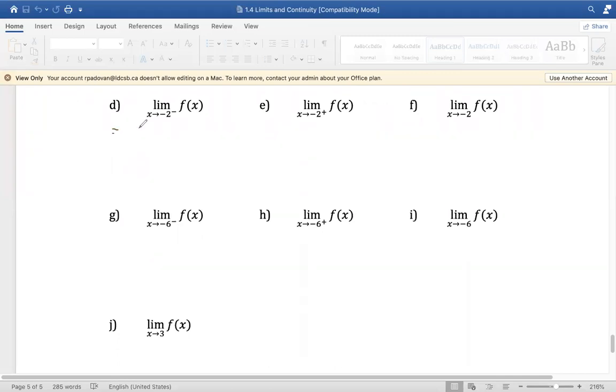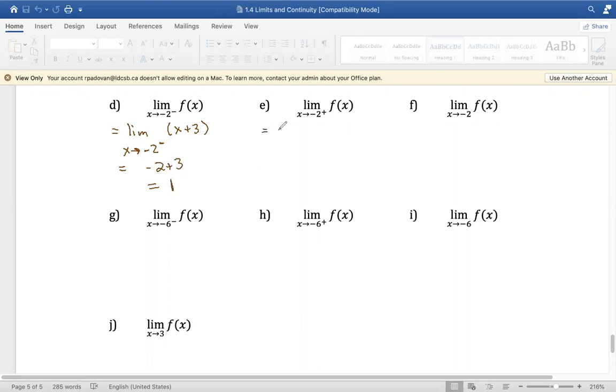So here, the limit as x is approaching negative 2 from the left-hand side, we are using the equation of x plus 3. So when I plug in the value of negative 2 for x, negative 2 plus 3, I get a value of positive 1.